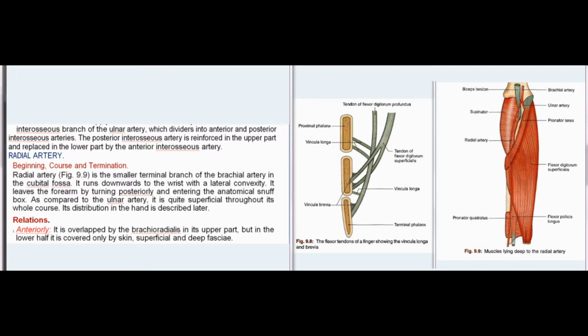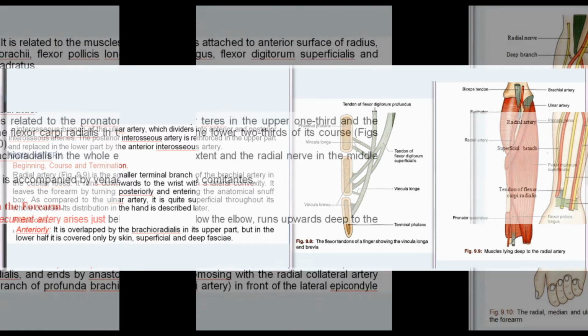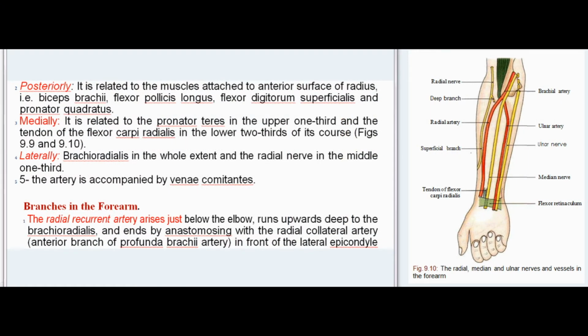Relations. 1. Anteriorly, it is overlapped by the brachioradialis in its upper part, but in the lower half it is covered only by skin, superficial and deep fasciae. 2. Posteriorly, it is related to the muscles attached to the anterior surface of the radius, i.e. biceps brachii, flexor pollicis longus, flexor digitorum superficialis and pronator quadratus. 3.